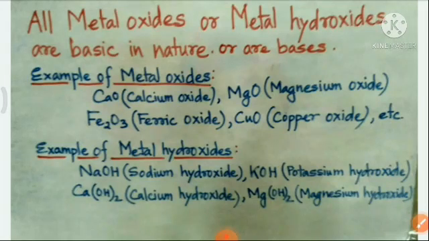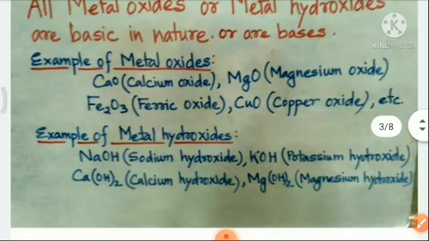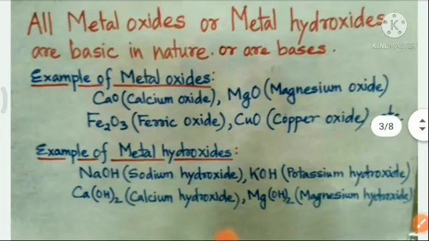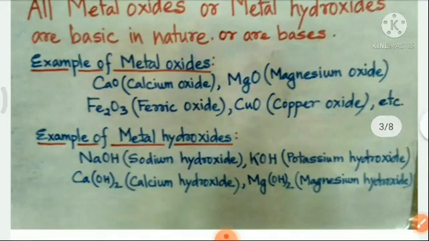Similarly, metal hydroxides are also bases. In your book, when we discussed bases, we already learned some examples, and all of those examples were metal hydroxides. We have already learned about sodium hydroxide, which is a base. Potassium hydroxide is also a base.